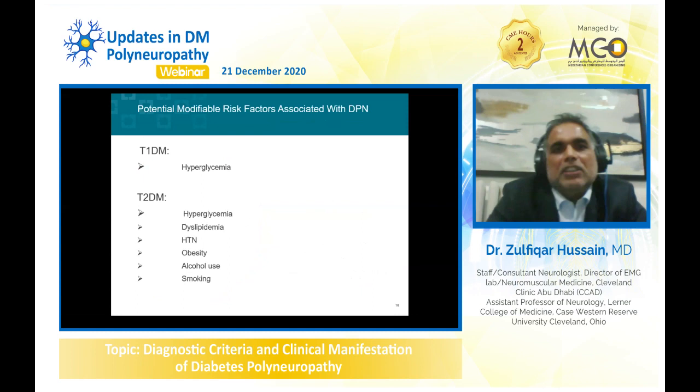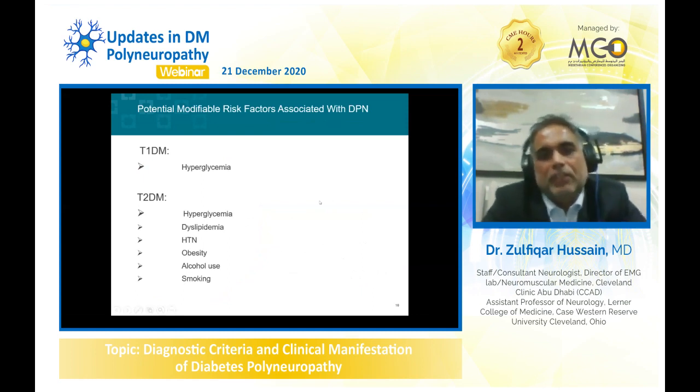Then moving on to the potential risk factors for peripheral neuropathy in diabetes. Although we know the prevalence is close to 50% in both types of diabetes for diabetic polyneuropathy, they are two different diseases, and their pathophysiology is also different.